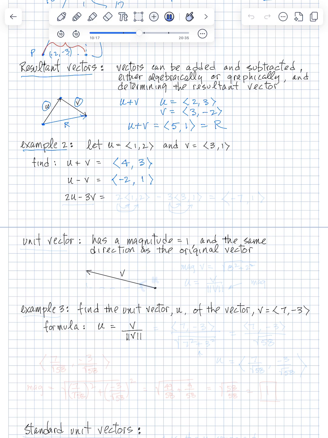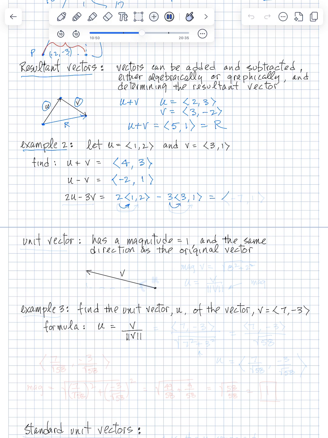So this is going to be 2 times u, which is 1, 2. And then we're going to subtract 3 times v, which is 3, 1. So we multiply the 2 times the 1 is 2, and we're subtracting the 3 times the 3 is 9.